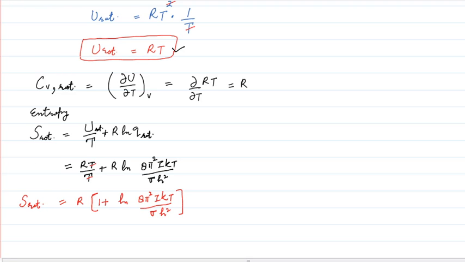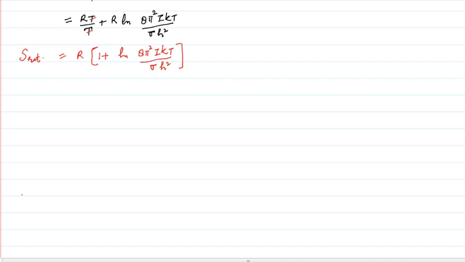Now for the vibrational partition function, we know Q vibrational is related by this expression, 1 upon 1 minus, we will write the final equation here, e raised to the power minus hν upon kT.